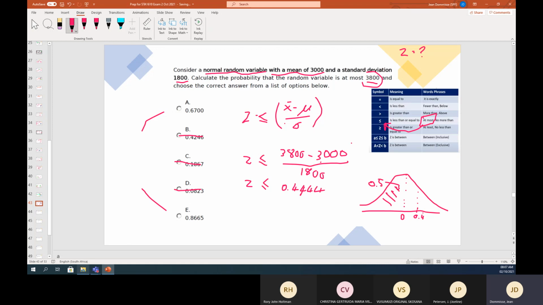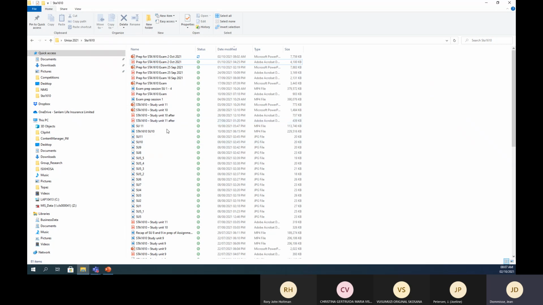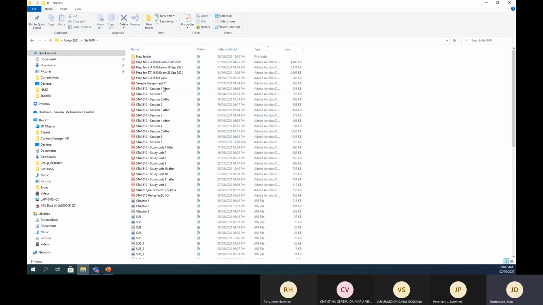So then we need to go to the Z table. Let me just see if it is in this folder.